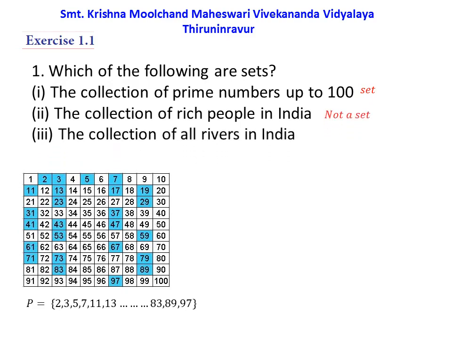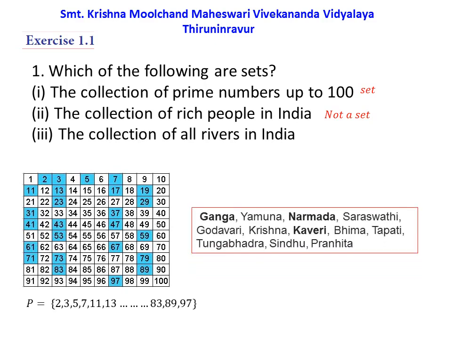The collection of all rivers in India. I am giving a few river names in this box: Ganga, Yamuna, Narmada, Saraswati, and it goes on. So R is equal to {Ganga, Yamuna, Narmada, and so on}. So we can define these rivers.